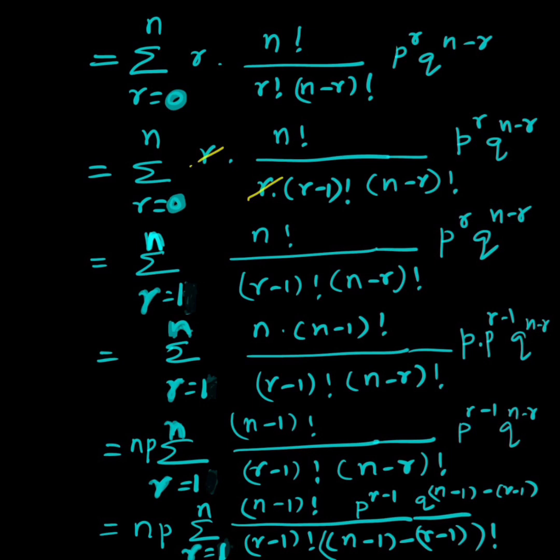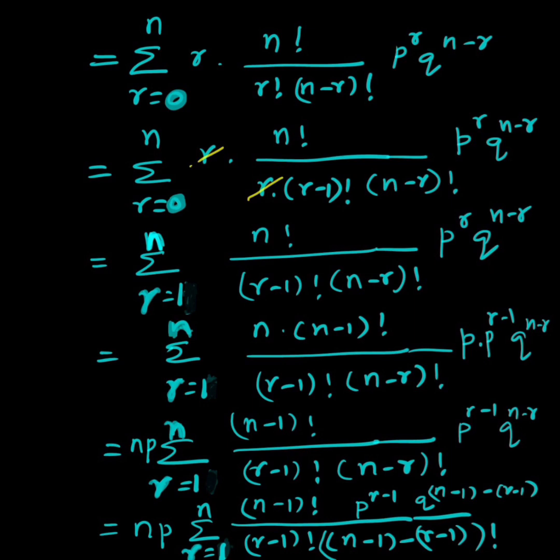If we cancel the term, the parameter values automatically change to 1 to n because the 0 case will be eliminated. So sigma varies from r is 1 to n, n factorial by (r minus 1) factorial into (n minus r) factorial into p^r q^(n minus r).